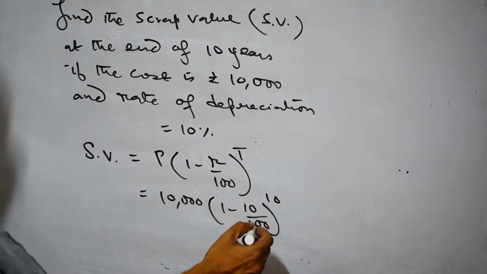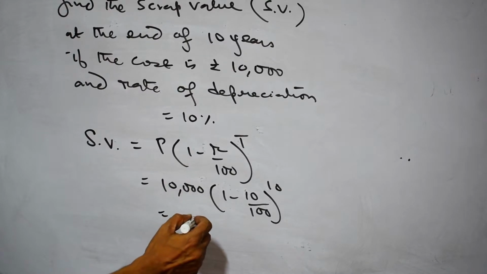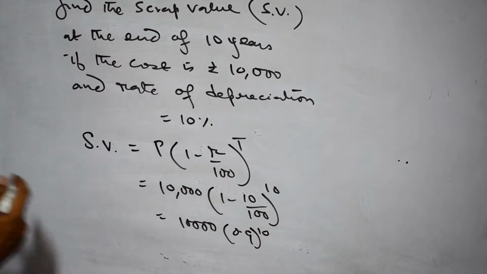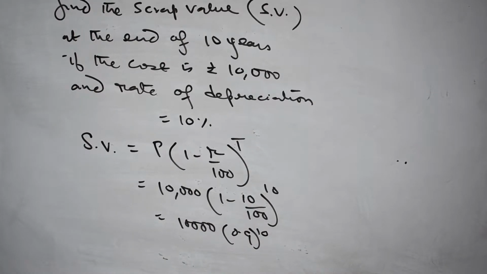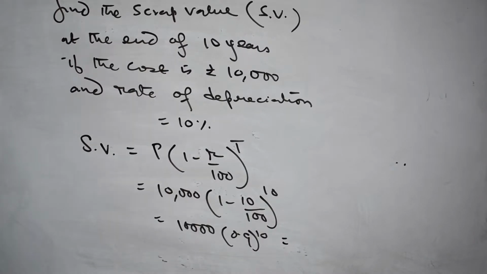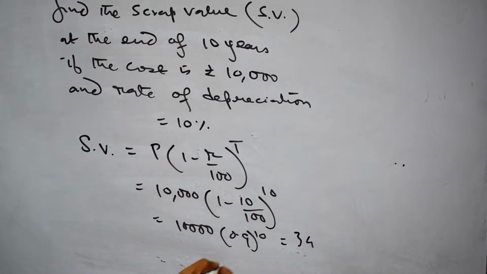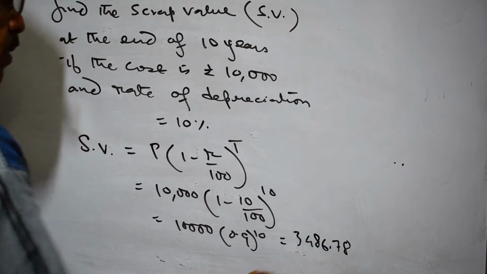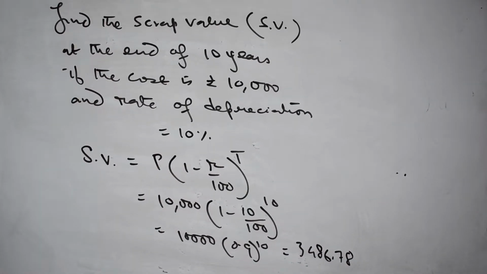So 10 by 100 is 0.1, 1 minus 0.1 is 0.9 to the power 10. We multiply 0.9 ten times, and the calculation finally gives 3486.78. So this is the scrap value.